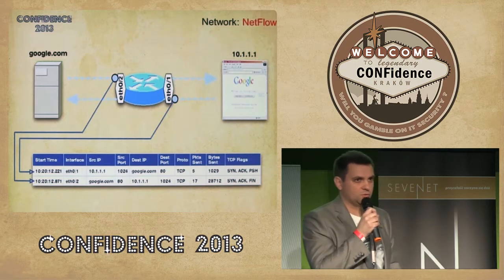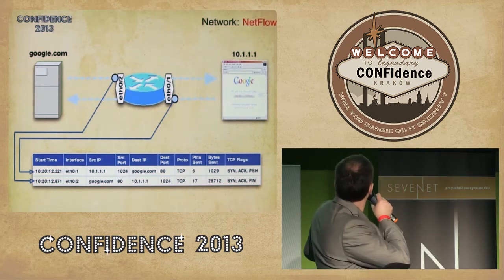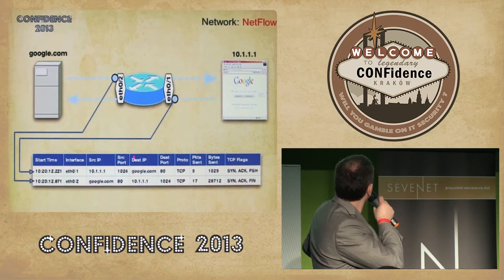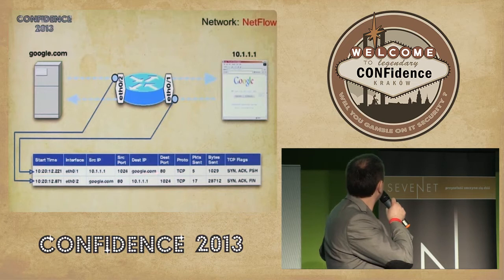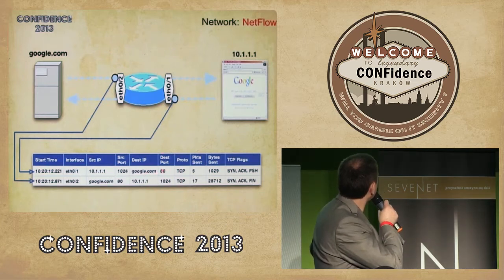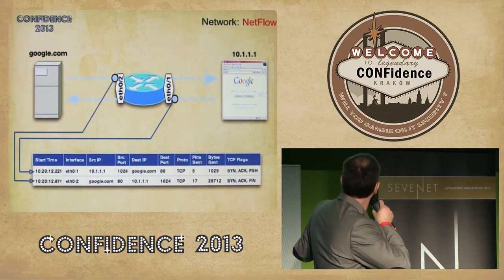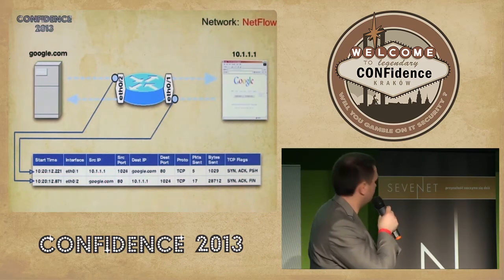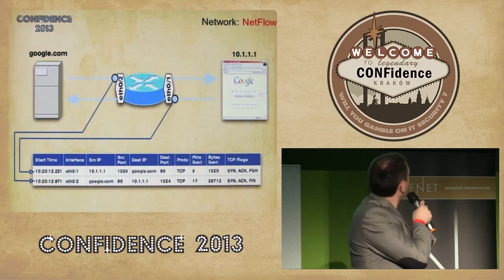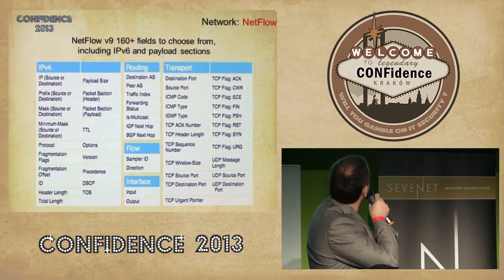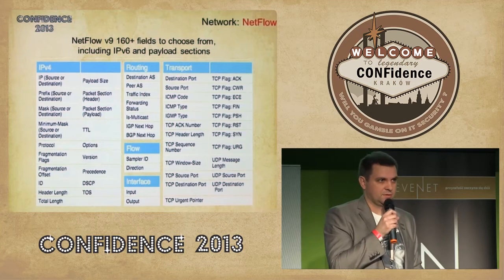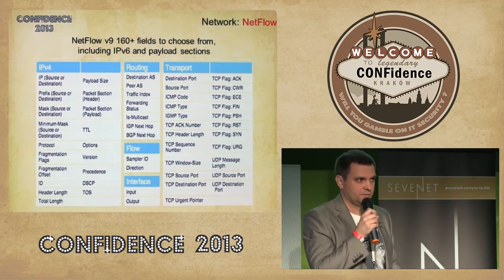When we want to see the web page, here you can see the destination domain is google.com, and we are trying to get to this website on port 80. And as a result, we receive a response from the server to our station on a higher port. So NetFlow has many fields which we can collect from the network.